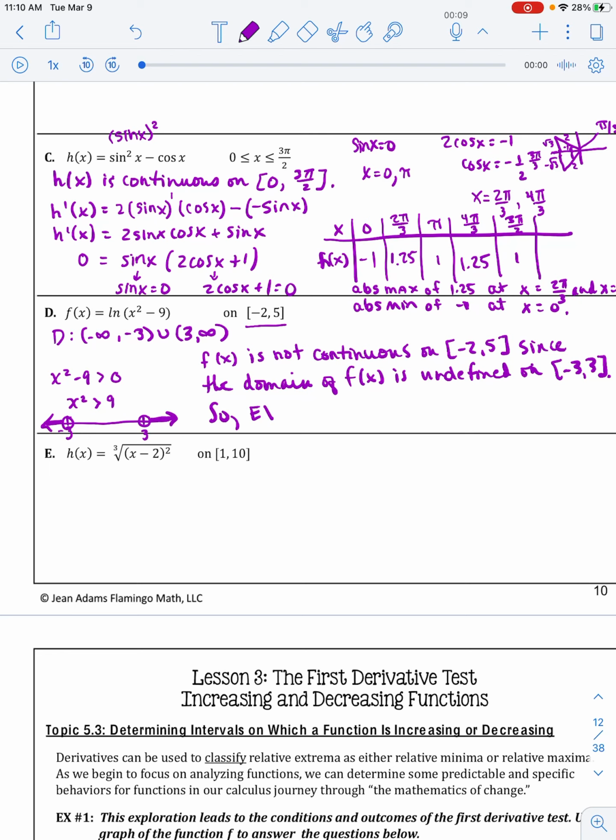So the extreme value theorem does not apply. Okay?